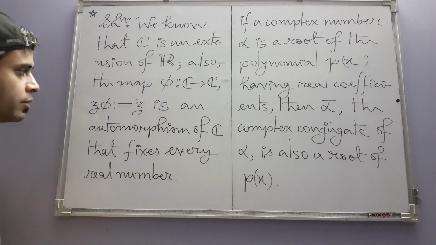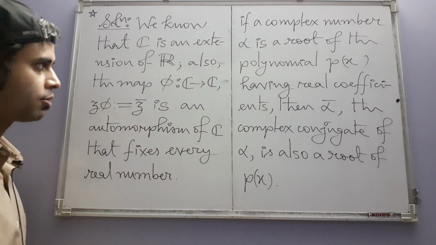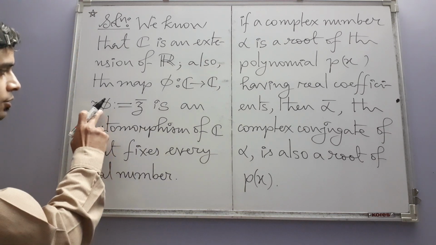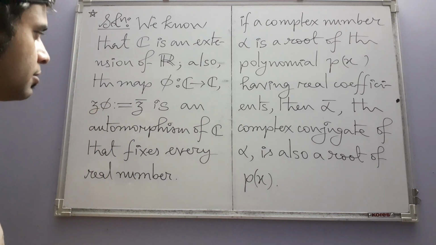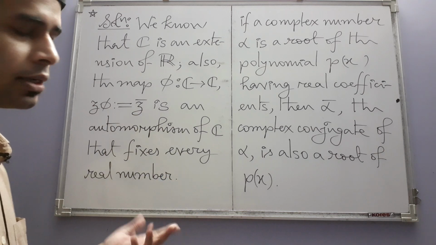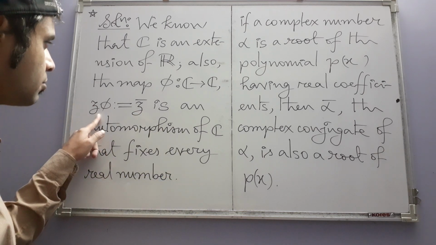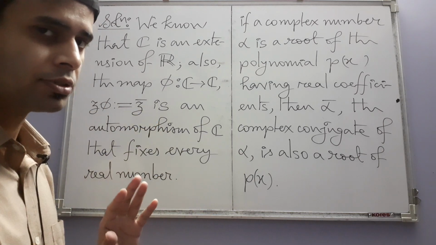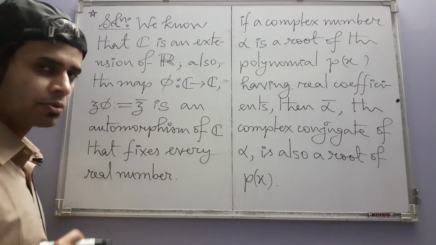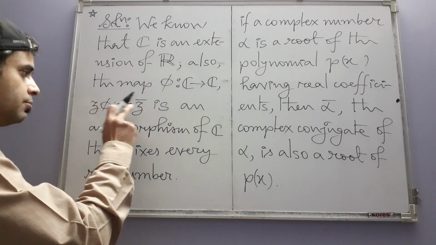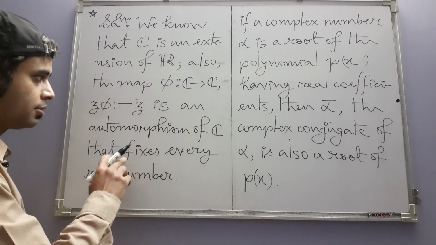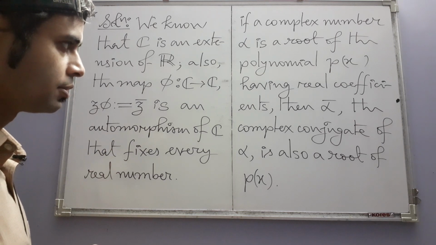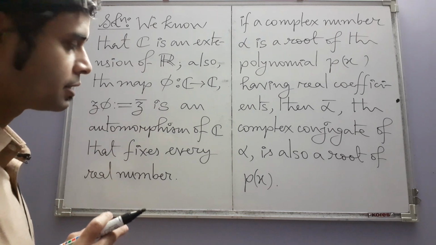For example, to prove that this function is an automorphism, what is it that you have to show? You first of all have to show that this map is, well, the map is of course well defined, but you have to first of all show that it's a ring homomorphism. That means it has to respect both addition and multiplication of complex numbers, which come directly from the properties of complex numbers.